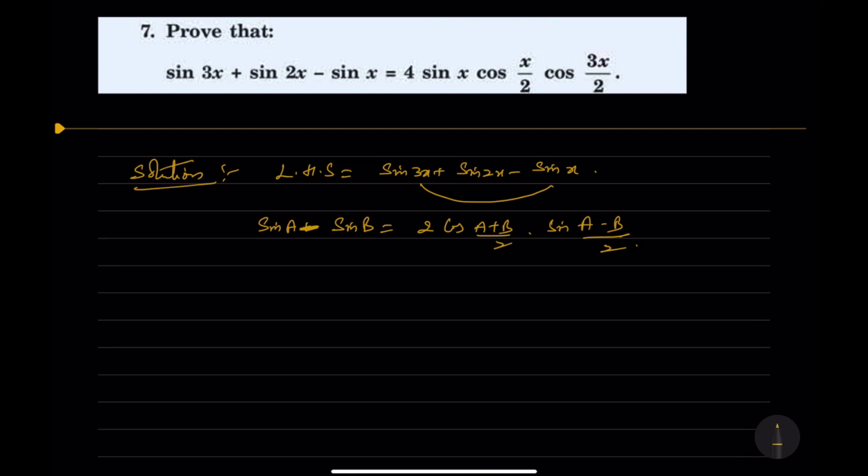So here you can write this as LHS is equal to, here we will be using the formula sin A minus sin B is equal to 2 cos A plus B by 2 into sin A minus B by 2.